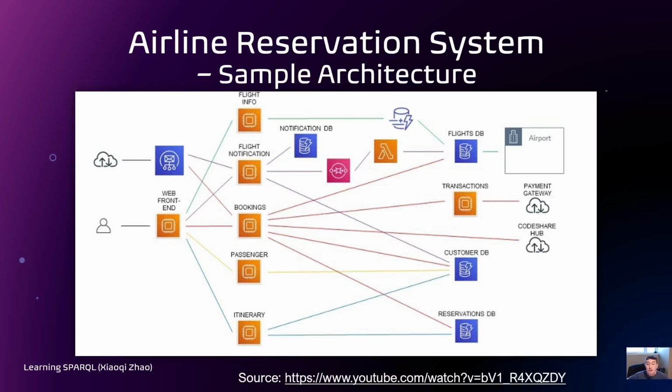So you may know roughly what a sample airline reservation system looks like. Normally, you come to our website, and the website queries different websites, and then those websites respond with flight information, flight notification, and booking status, and in the front end you get that information.